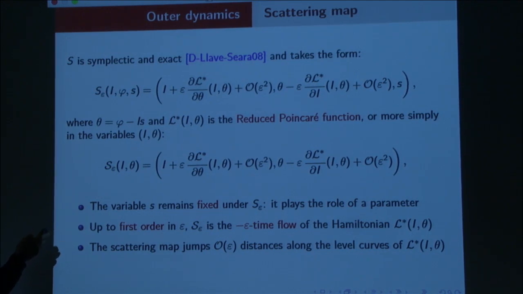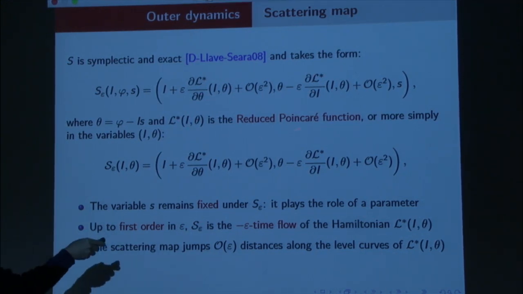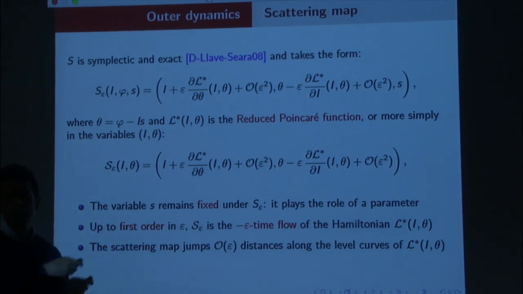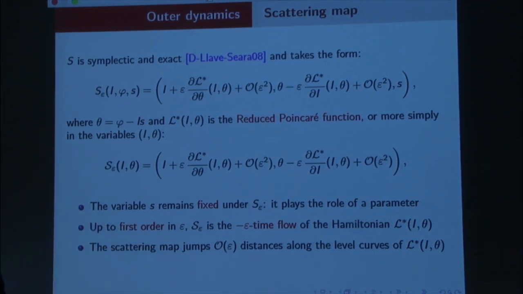It depends indeed on this variable theta, and there is some L star that is a reduced Poincare function that I will introduce in a moment. I'm putting now only the shape of the formula, just to tell you that according to this, the scattering map is just the minus epsilon time flow of this Hamiltonian.